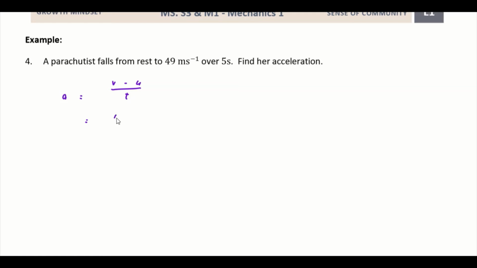So you have 49 minus 0, divided by 5, and you get 9.8 meters per second squared. The unit of velocity is meters per second, and when you divide by seconds, you get s to the power of negative 2.